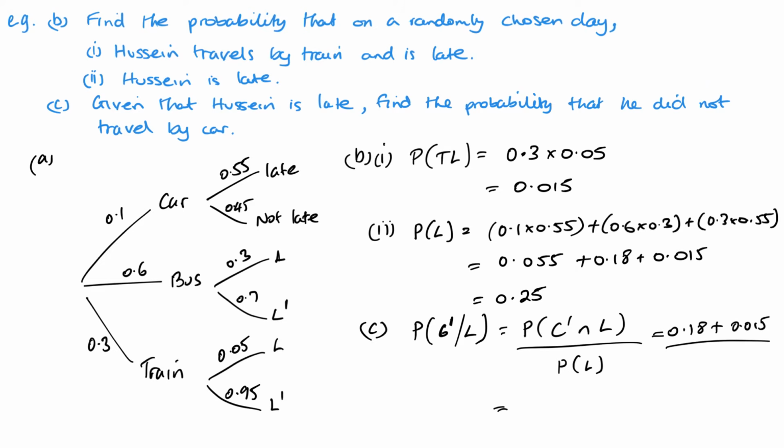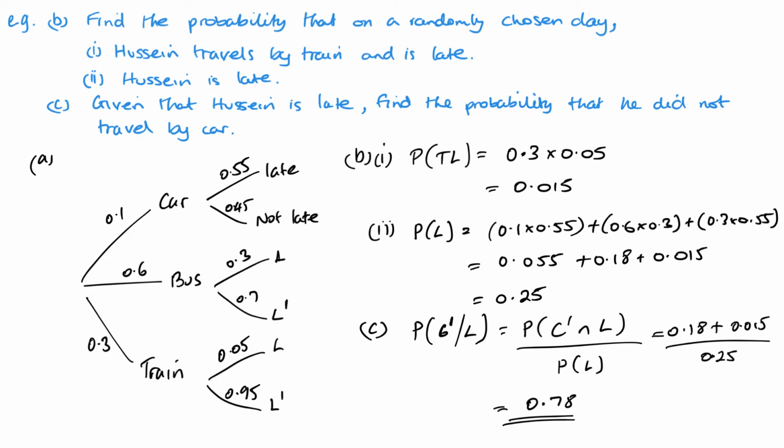And then that's going to be over the probability that he's late, which is this 0.25. And that's then when I go to the calculator, so 0.18 plus 0.015 divided by 0.25, and that gives me 39/50, or 0.78.